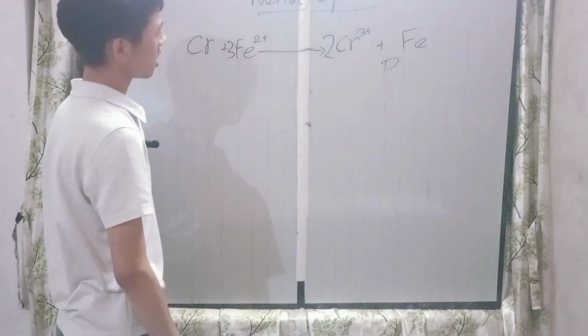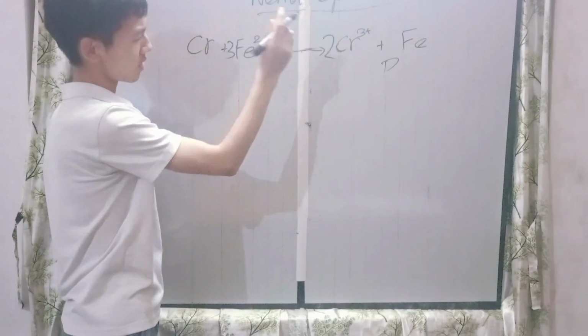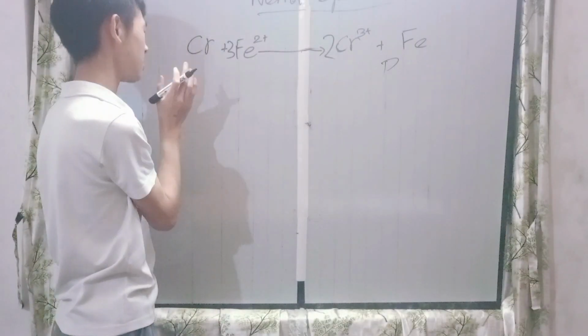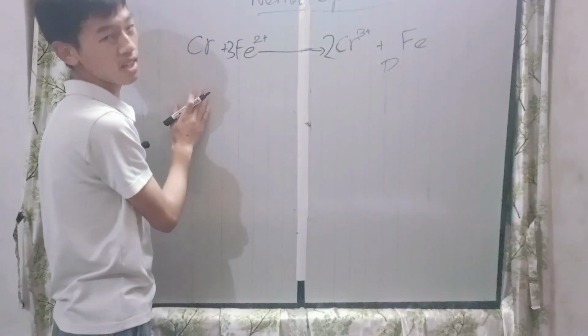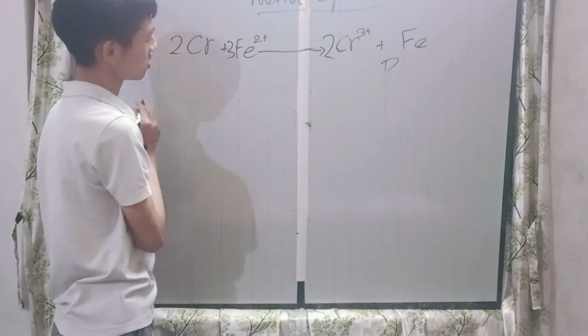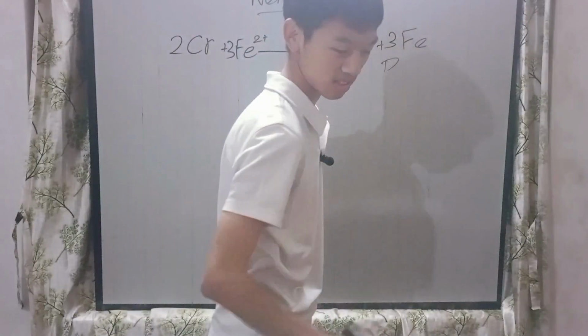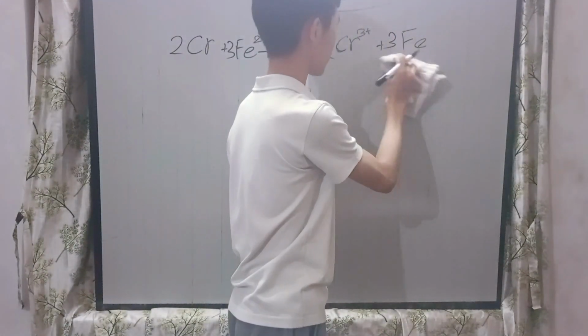Done. Now the chromium is unequal. There are 2 chromium here and 1 here, so make it 2. The iron also needs balancing, so make it 3.